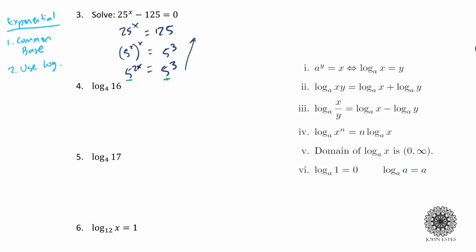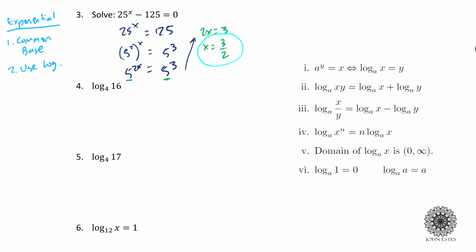That means 2x equals 3, or x equals 3 halves. And there's my answer. If you ever doubt yourself, you can just plug it in. If I plug in 3 halves for x, that means the square root of 25 cubed. The square root of 25 is 5, 5 cubed is 125, minus 125 is 0, so it checked.